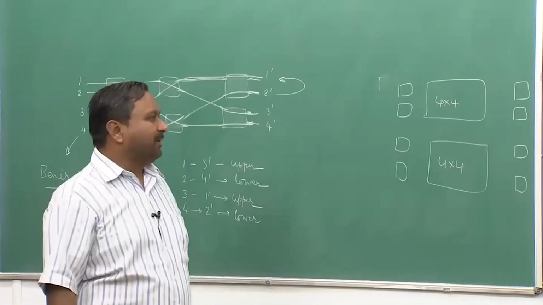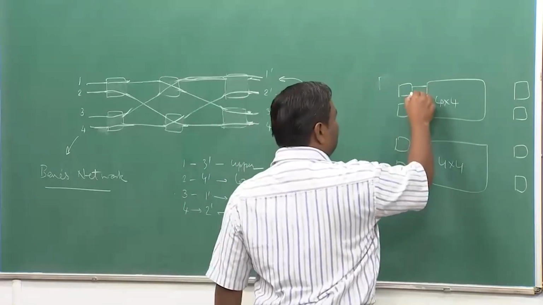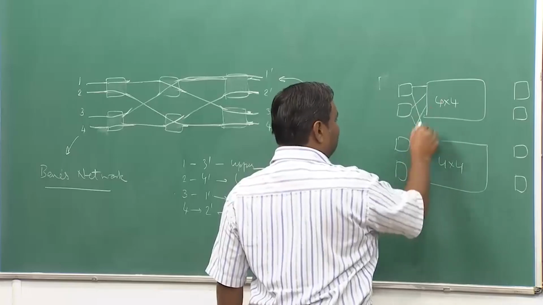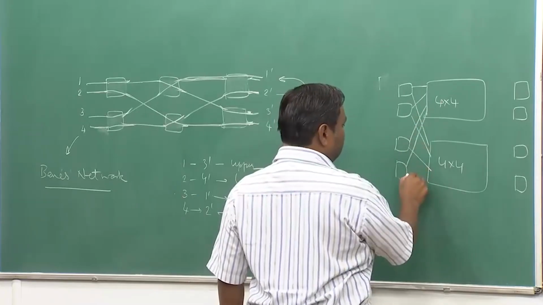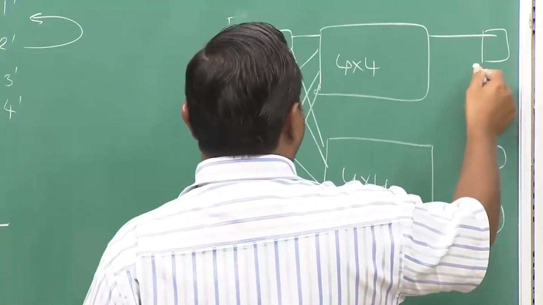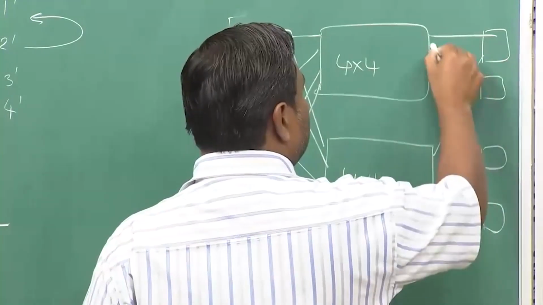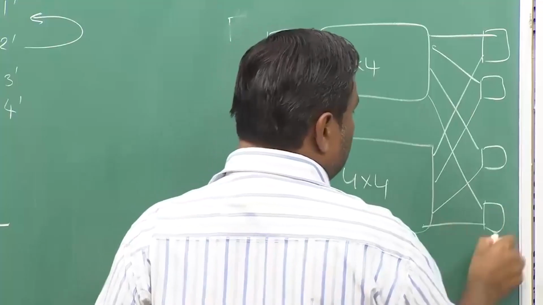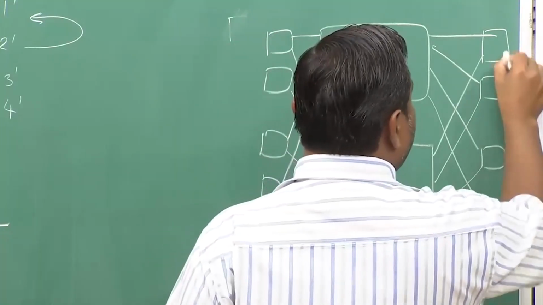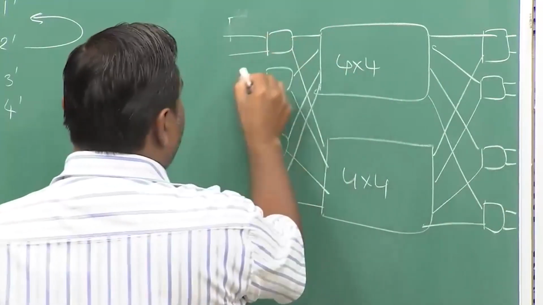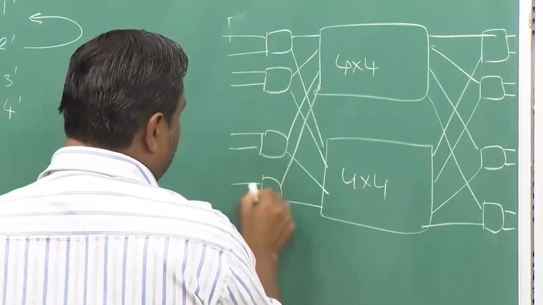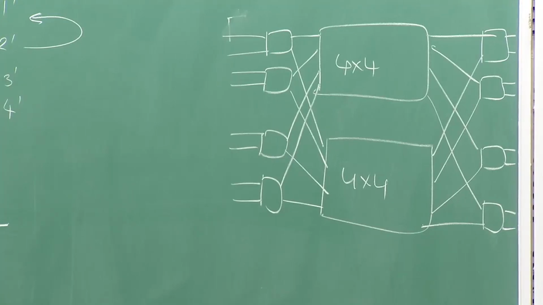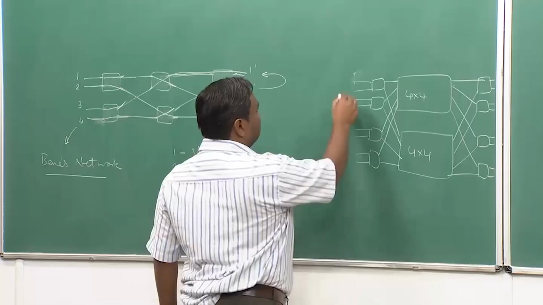So, this becomes an 8 by 8 switch. One goes up, one down, one goes up, one down, one goes up, down. We have got an 8 by 8 switch, and we can do a similar exercise here also.